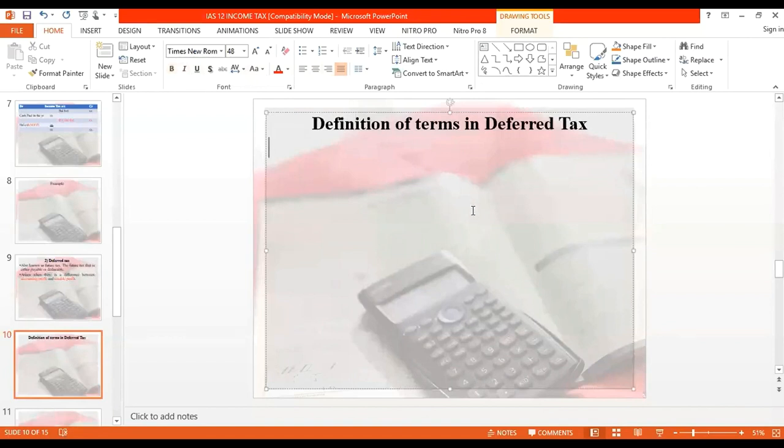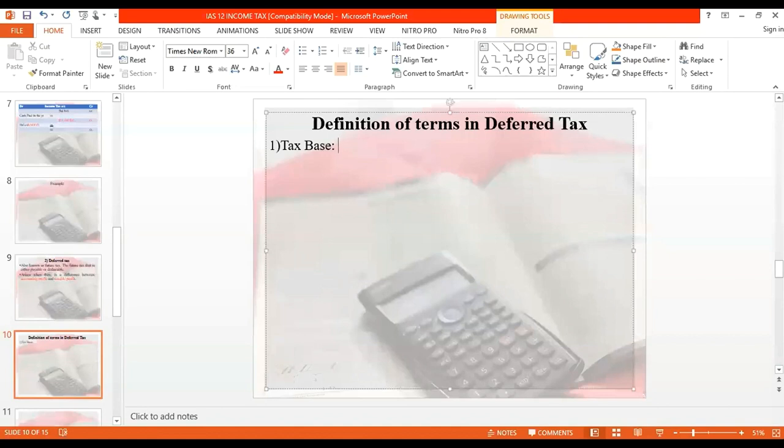So there are very many terms that I want us to define. The first definition that I want us to define is what we call a tax base. We will commonly be using this word, tax base. What is tax base?